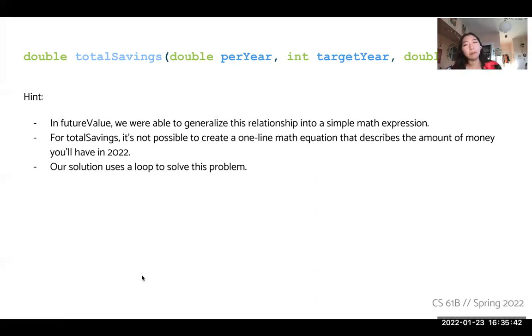For total savings, it's not possible to create a short math equation that describes the amount of money we'll have in the future. Sorry, I meant to say in the future, not 2022. And so as a huge hint, the staff solution uses a loop to solve total savings. If you're stuck, I recommend trying that.